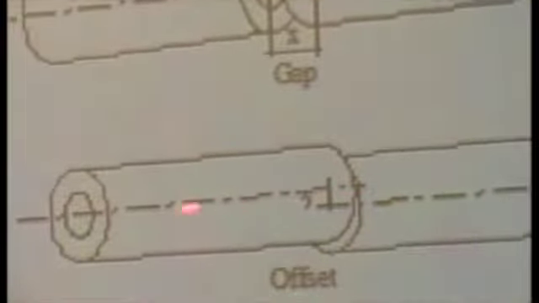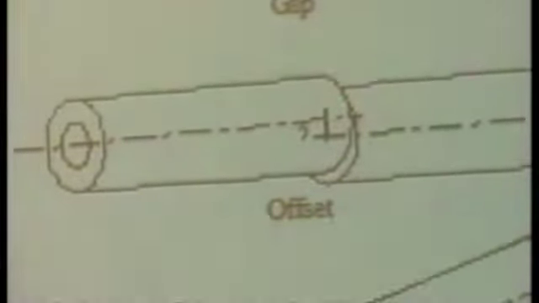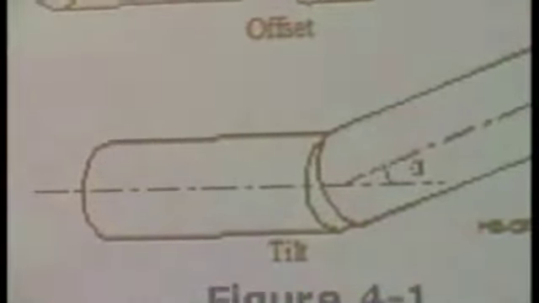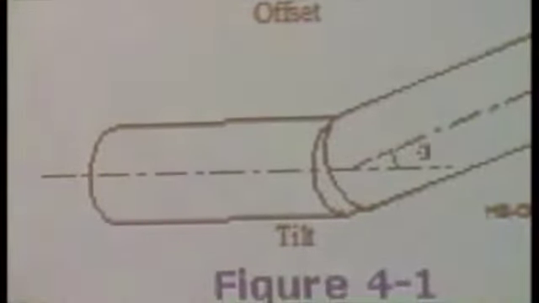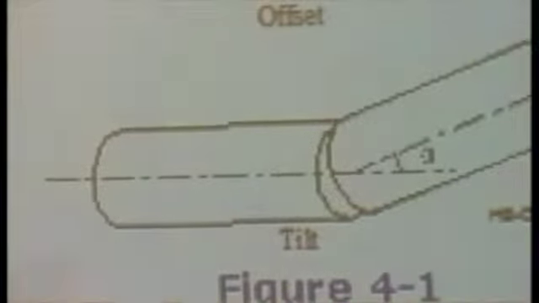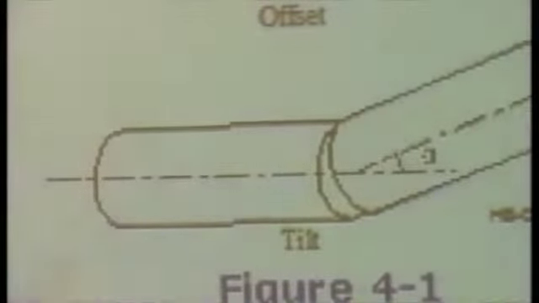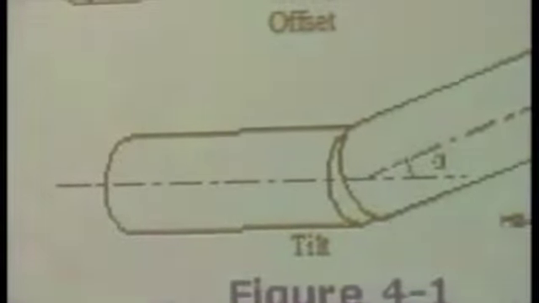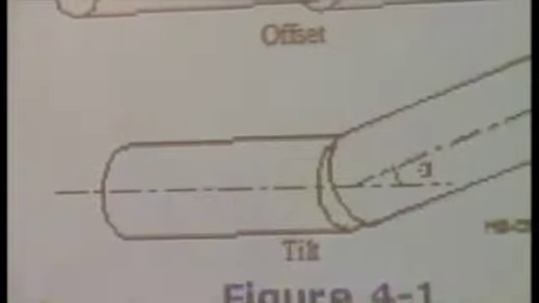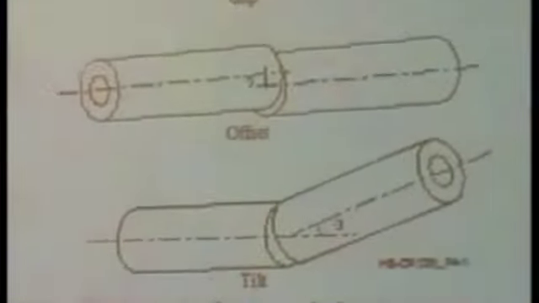There can be some difference in the axis of both fibers, and also one fiber in one direction and the other with some tilt. These are considered extrinsic joint loss factors because they are independent of the fiber.